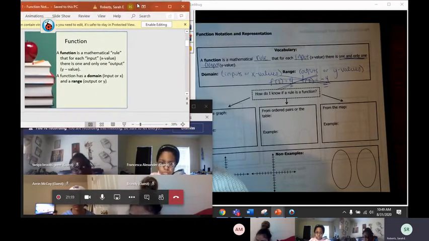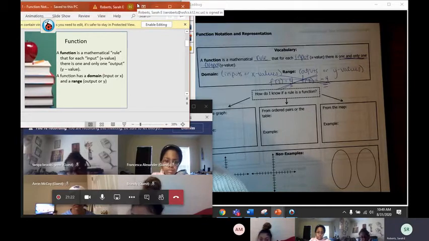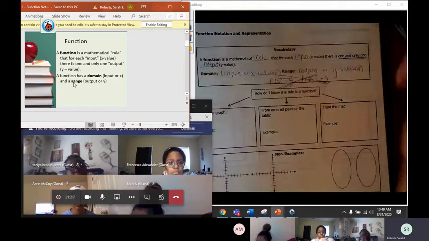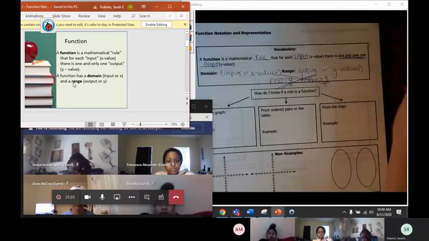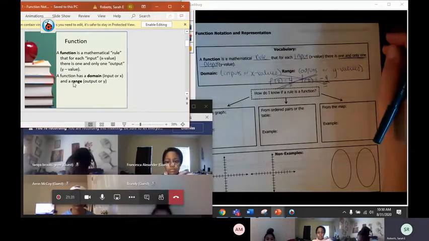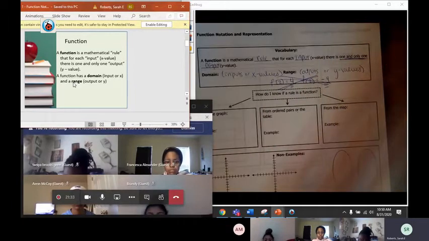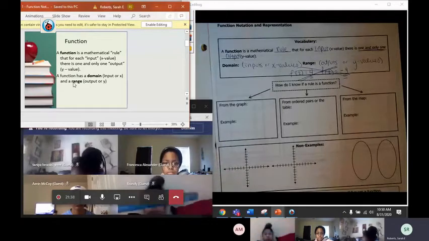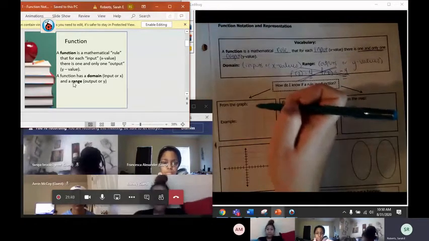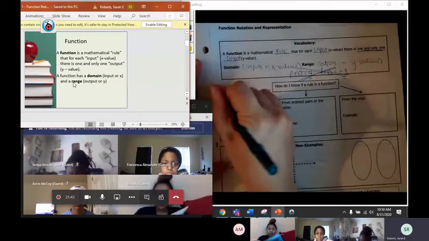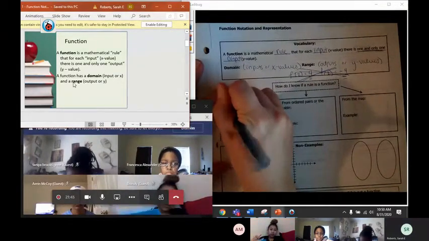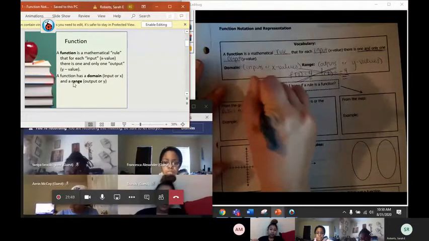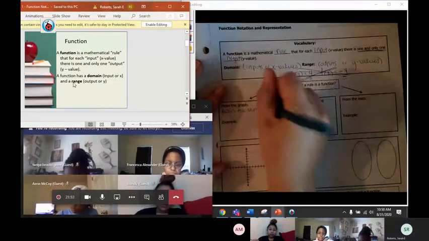Okay, so you could also write down what's in the PowerPoint, just this definition of a function. That's essentially what's in this box right here. Okay, all right, so we're gonna go ahead and move on to how do I know if a rule is a function? So if you are given a graph, we can tell if it's a function if it passes the vertical line test.